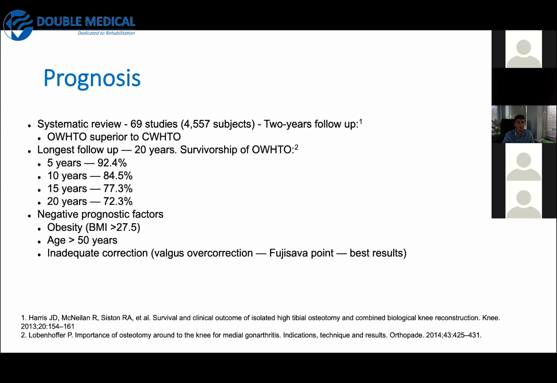The longest follow-up for open wedge high tibial osteotomy is 20 years, and it shows that survivorship at 5 years is 92%. It decreases to 70% at 20 years. The negative prognostic factors are BMI more than 27, age after 50 years, and inadequate correction. So we always need to remember the Fujisawa point.